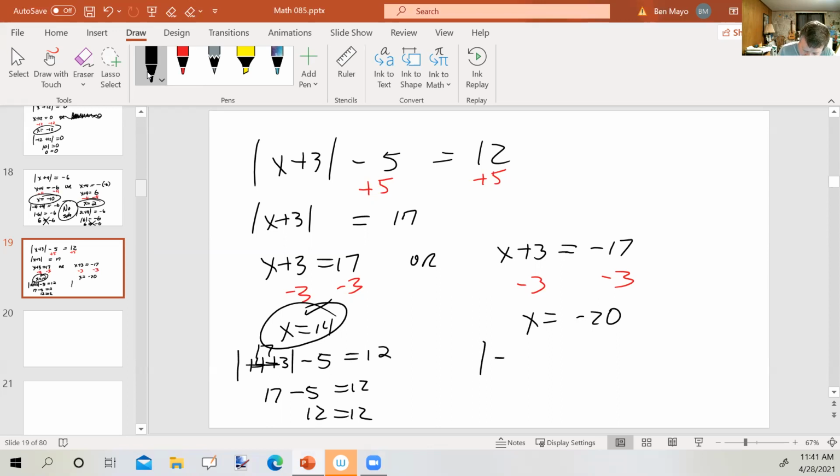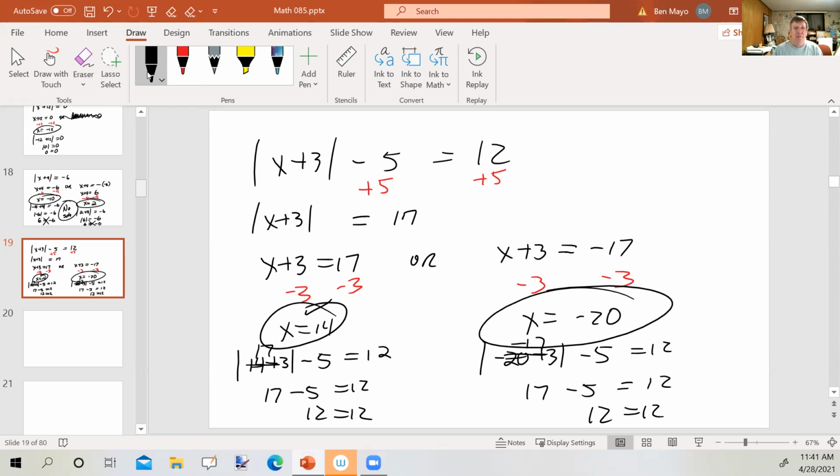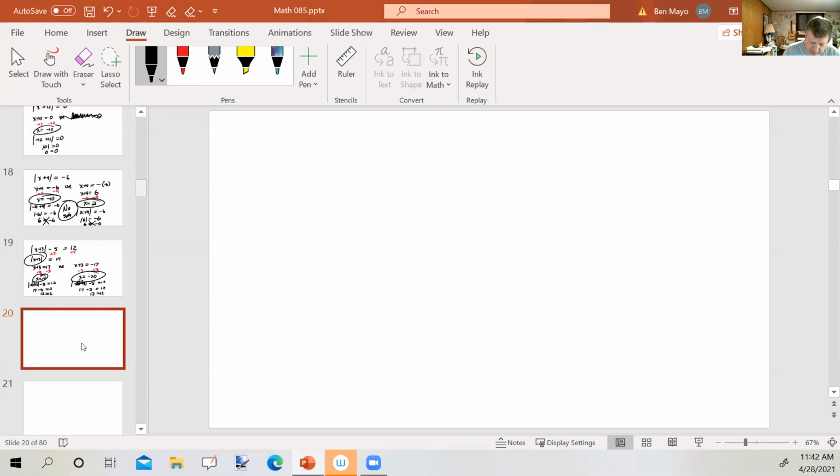So we get the absolute value of negative 20 plus 3 minus 5 equals 12. Negative 20 plus 3 is negative 17. The absolute value of negative 17 is 17. 17 minus 5 is 12. 12 equals 12. So both solutions check. But again, it's super important that you isolate the absolute value term before you split things apart. Otherwise, it's not good.